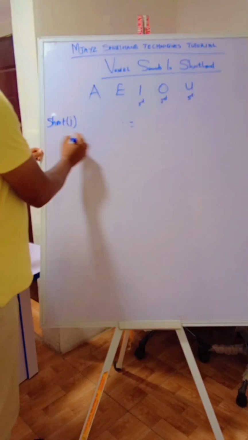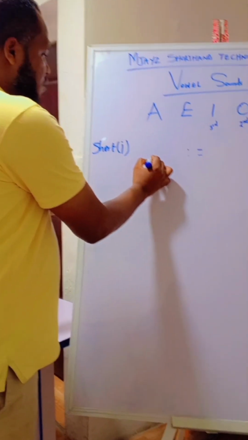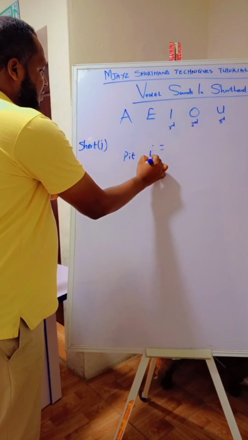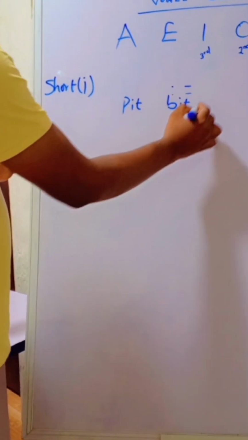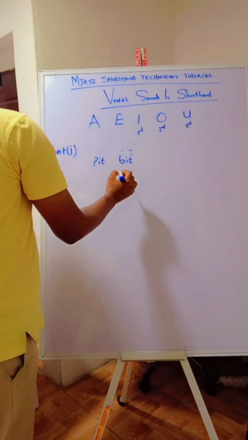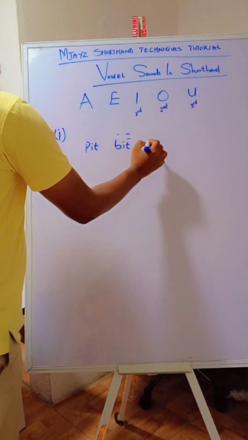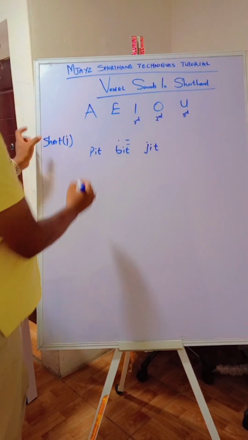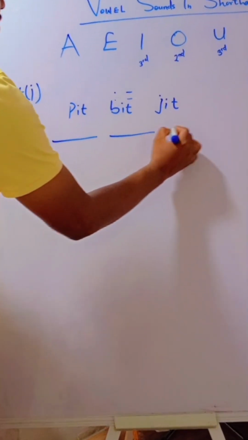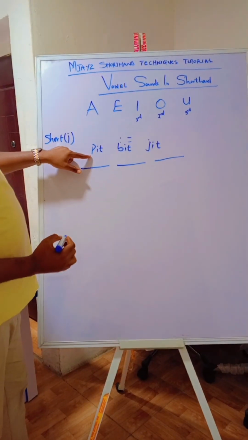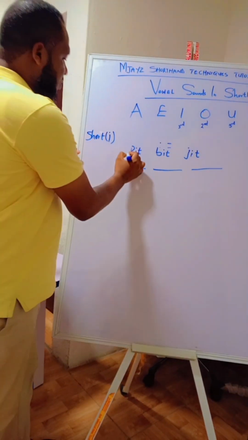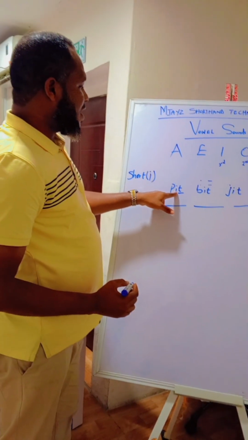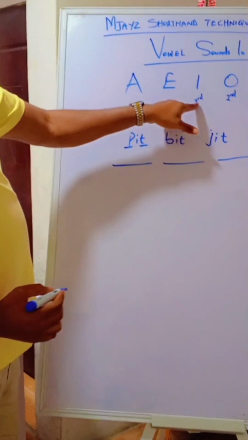For example, you want to write the words pit, beat, jit. To represent these words in shorthand, you have P, T, the major consonants, and the short E, a third place vowel.